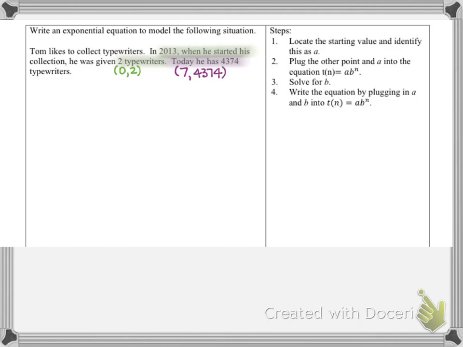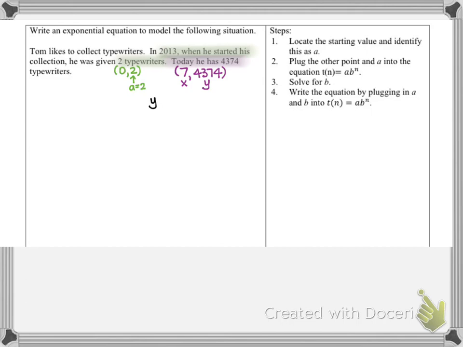Now that I have my 2 points, I'm going to go ahead and inspect them and see if either of these is a y-intercept. And because of how I chose to write it, it is. So there is A. Now the other point, the best I can do with them is that is an X and a Y. Okay, so I'm going to plug everybody into the equation and then see if I can figure out what B is.